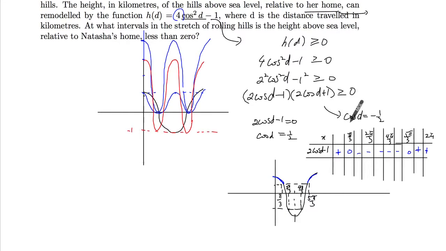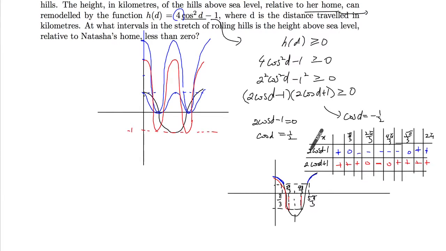So for the other one, when is it greater than negative half? Well, 2 cosine d plus 1. You can see, from here to here, it's going to be greater than negative half. So it's positive up to 2 pi over 3, 0 here, 4 pi over 3, 0 here, positive, and this is negative. So why am I creating this table?